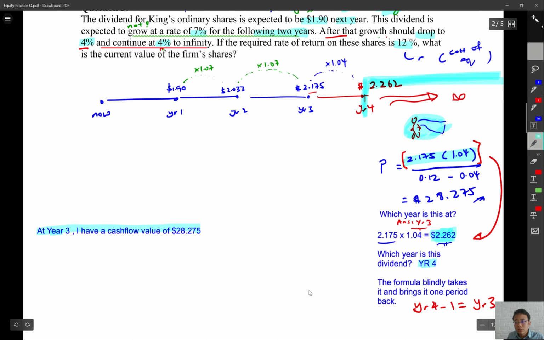Now people, what I want you to do is bring this to year 0. Brought to now, year 0, you would then get 28.275 times 1.12 to the power minus 3.